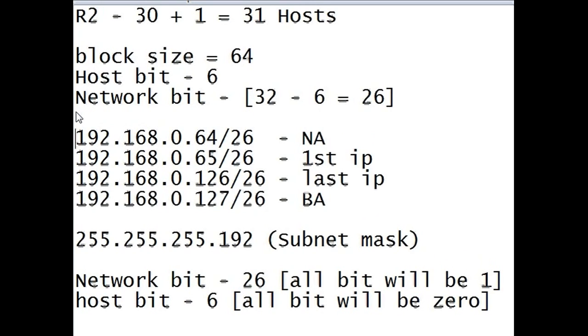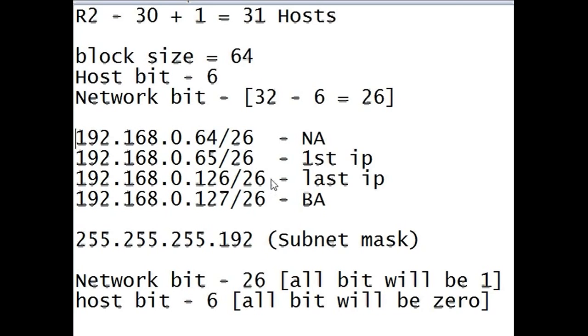So here you can see 64 is the network address, 65 is the first IP, 126 is the last IP, and 127 is the broadcast address. And this is my subnet mask: all 26 network bits are 1 and all host bits are 0. So that is how I have calculated.